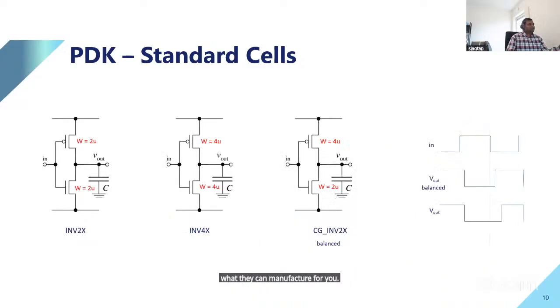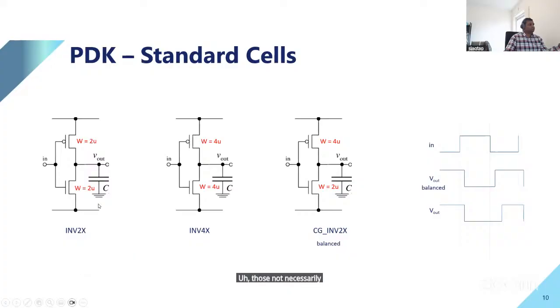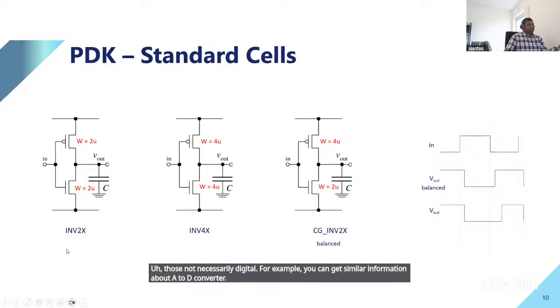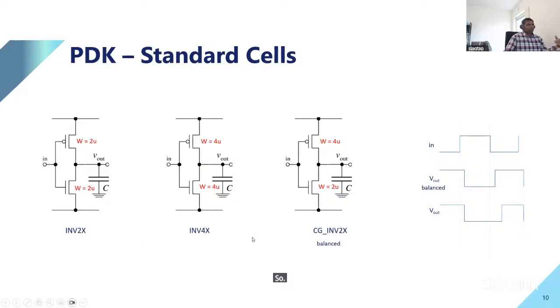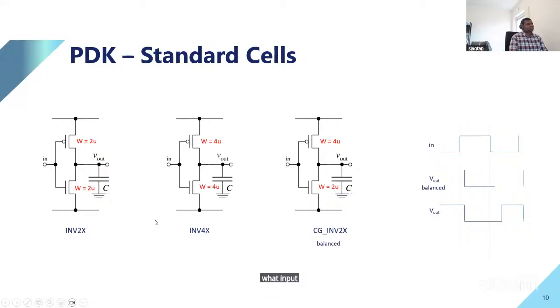And similarly, you can get information for other hard macros, not necessarily digital. For example, you can get similar information about an A to D converter. There they will have maybe not functional information, but how the inputs look, what the input insertion delay is, and what the physical size of that cell is.